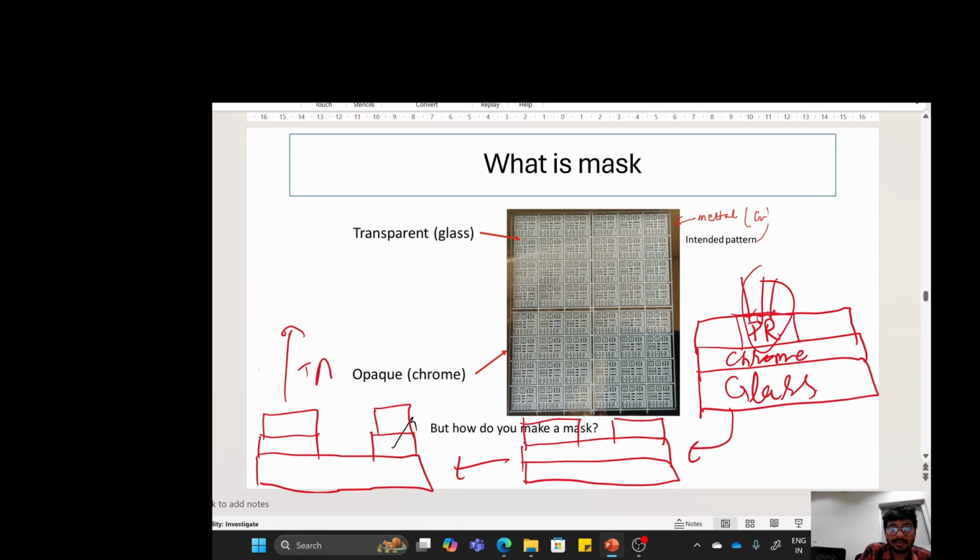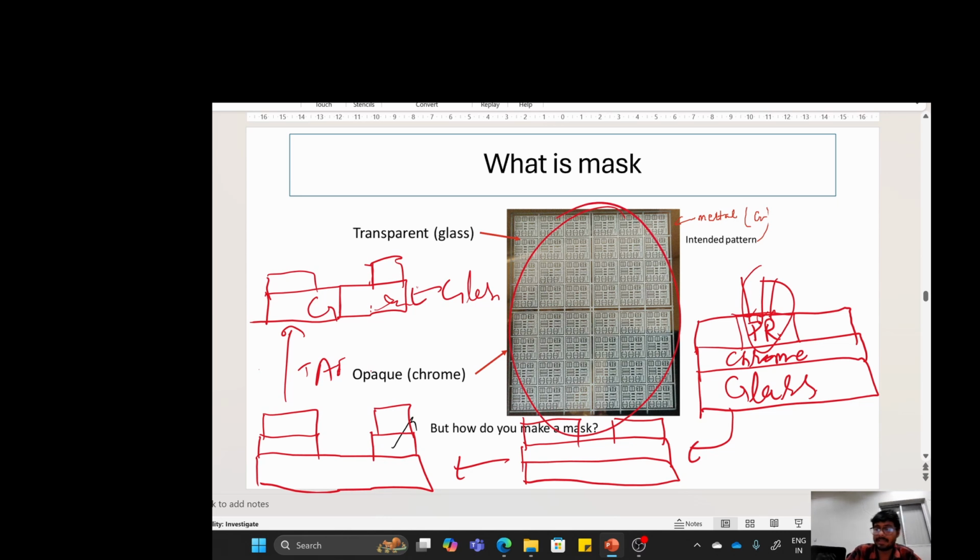What you get is chrome and glass, so you get this kind of pattern. Only chrome and glass are left in the final stage, and this chrome blocks the UV light.